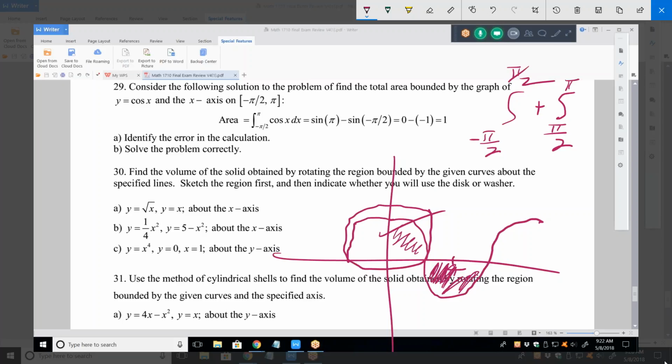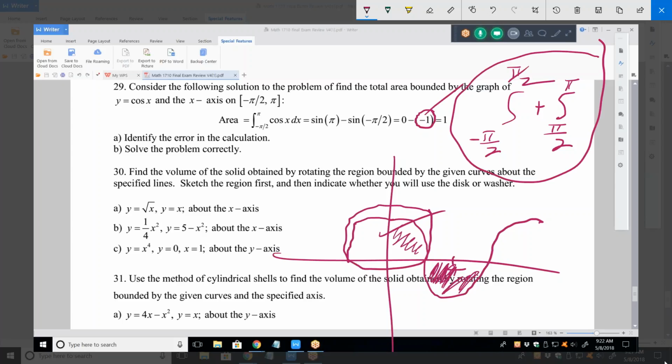Because normally this would be a negative quantity, but the error in the calculation here is that it should be a positive one if we're looking for total area. Okay. And this is a fine way to do it. That's almost easier than doing the absolute value, unless you're doing it on a calculator.